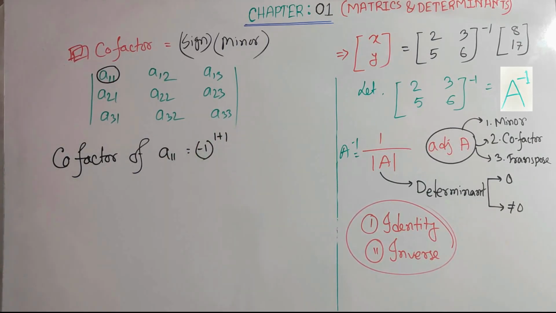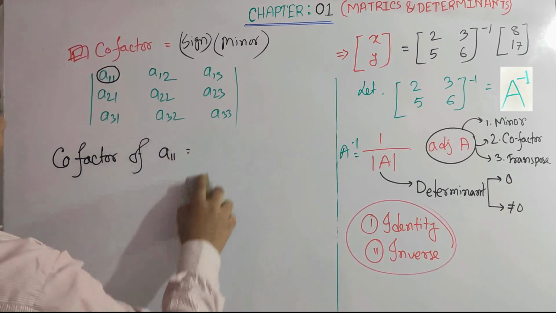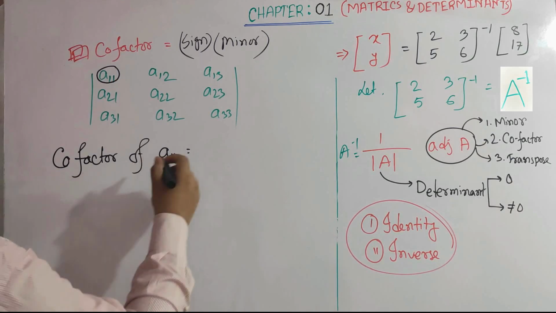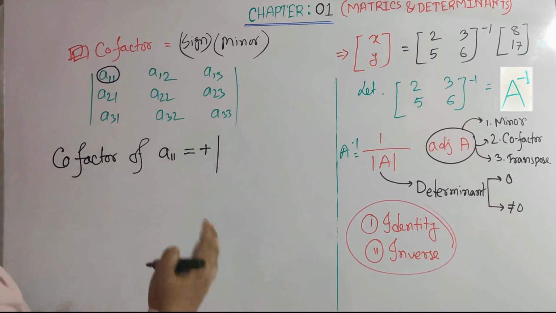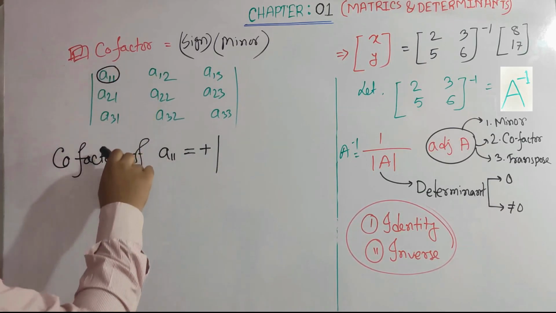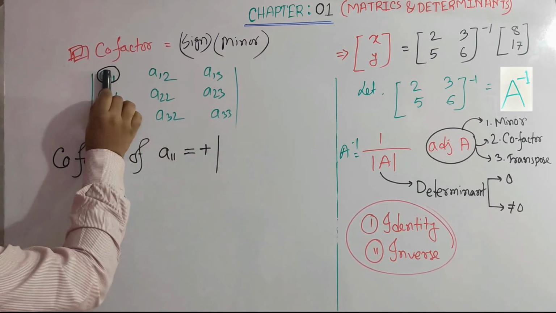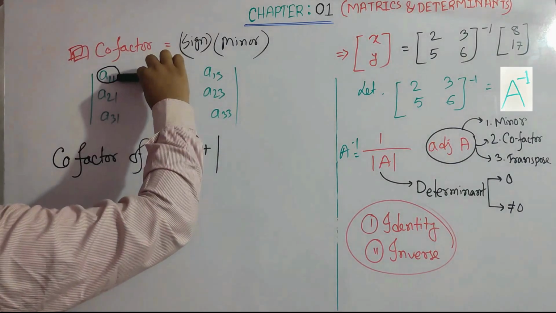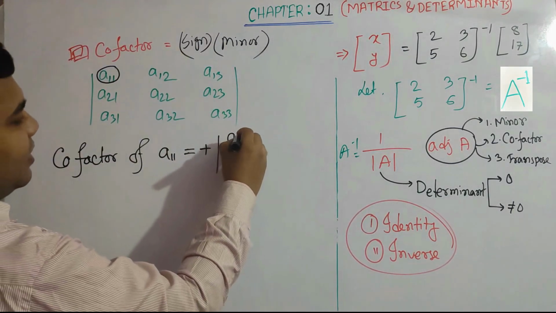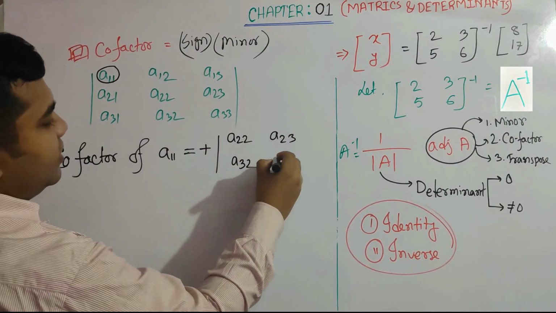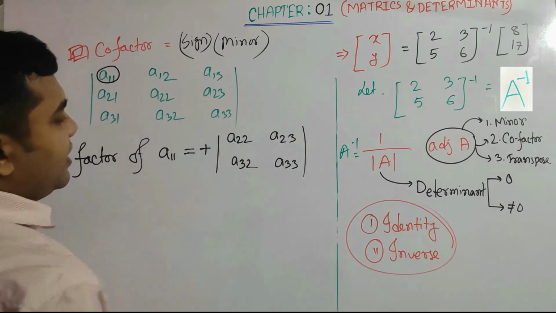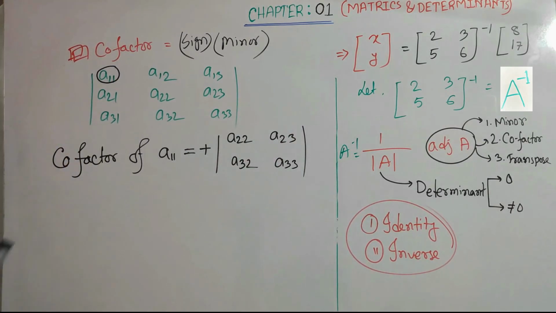We can understand already, that's why we can give the plus sign directly. Plus sign generally doesn't need to be given, so we are just giving the plus sign. Then we have a minor, and the minor of A11 is what? We just neglect this column and this row, then we'll get A22, A23, A32, A33. Clear? So this is the cofactor of A11.